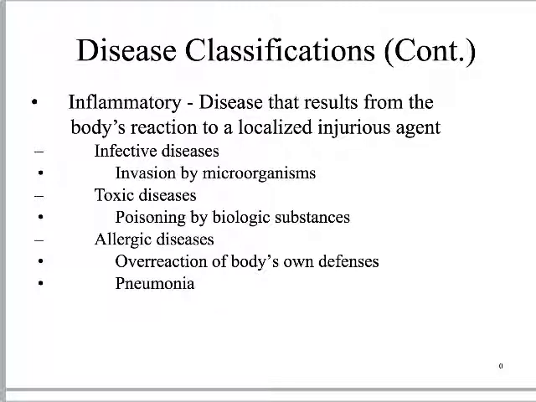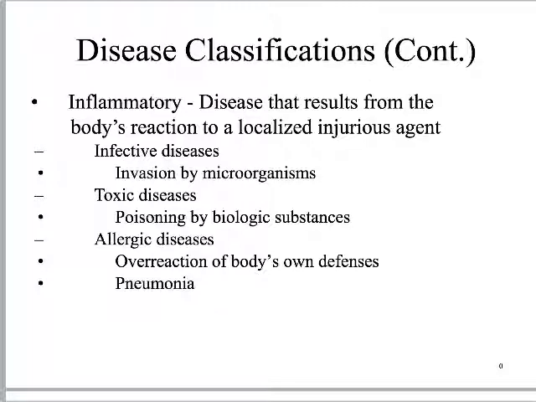And there's a lot of different types of inflammatory responses. These can be caused by the invasion of microorganisms, a poisoning of the body substance, or an allergic response.